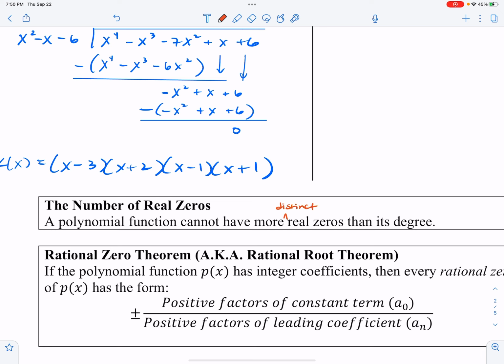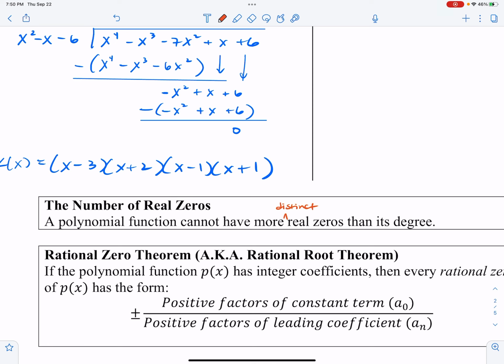And that goes back to multiplicity, right? So you can think of a zero occurring more than once. The multiplicity is whatever power x minus a is raised to. So you can think about a zero as occurring more than one time. So you could have the same number of distinct real zeros as the degree of the polynomial.